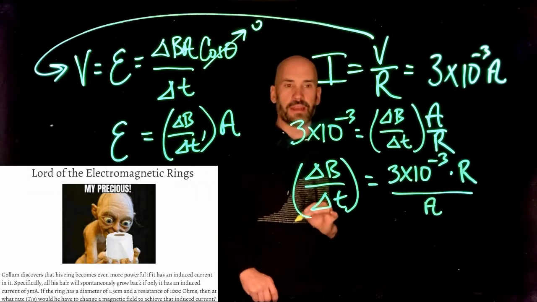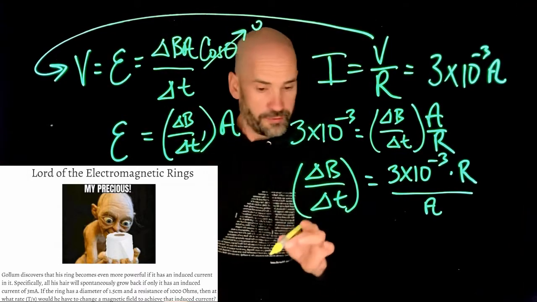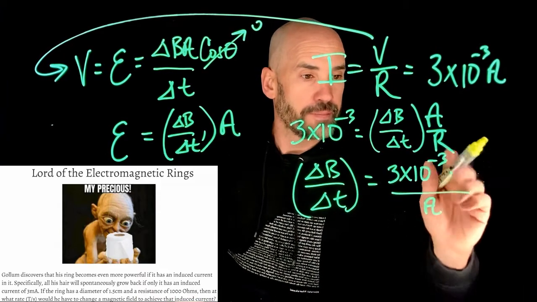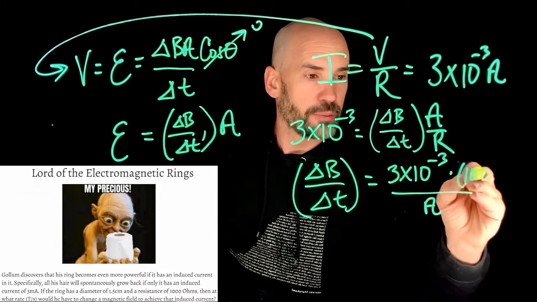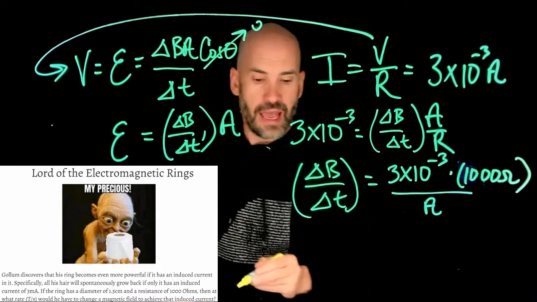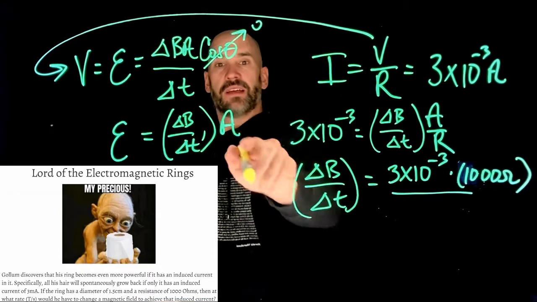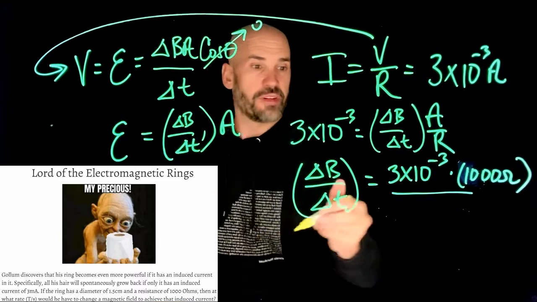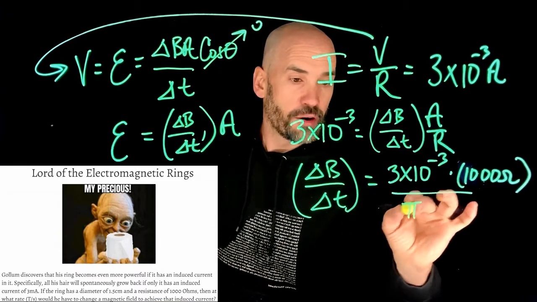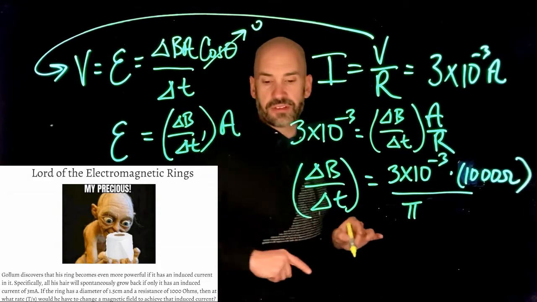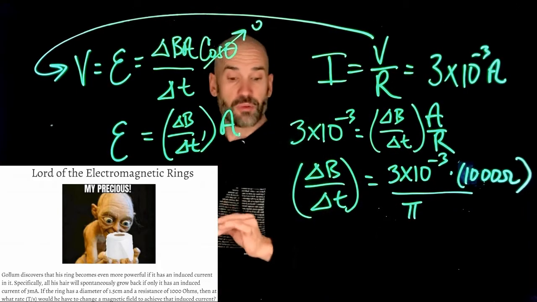Right? Okay. Now, we know from the problem that the resistance is actually 1,000 ohms. And we know that this area is the actual area of the ring itself. So that's going to be pi r squared. In this case, it says the ring is 1.5 centimeters, or so the diameter is 1.5 centimeters.